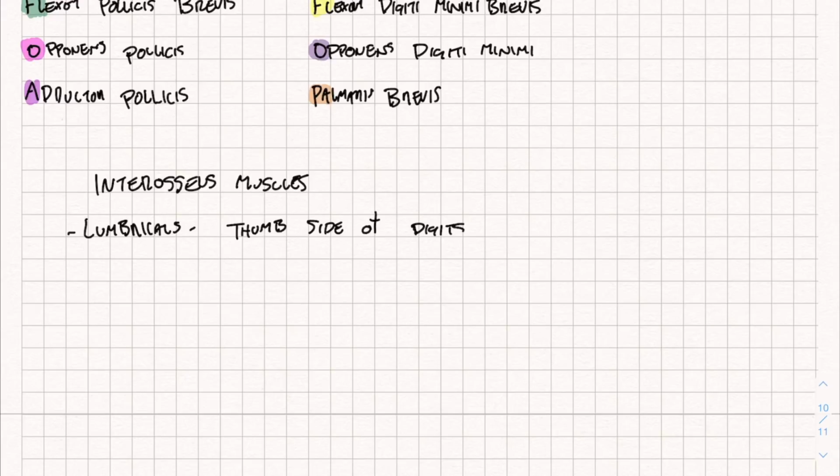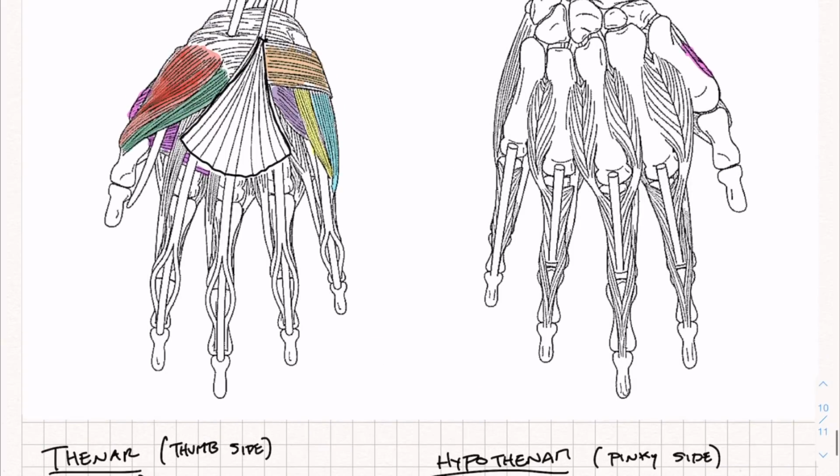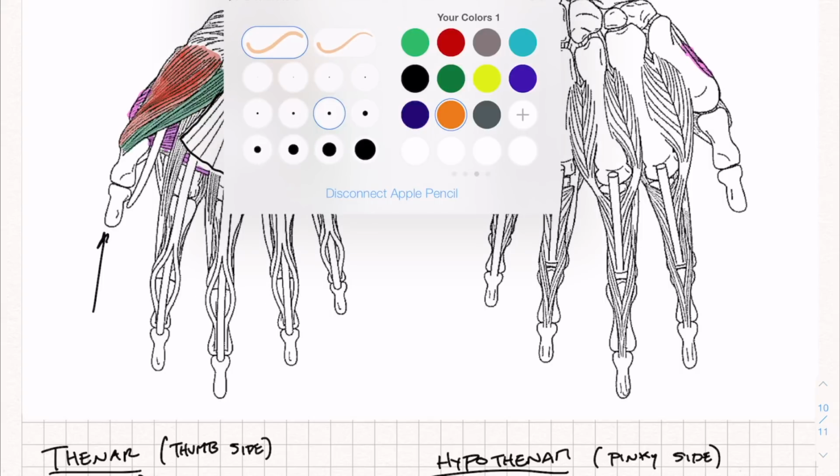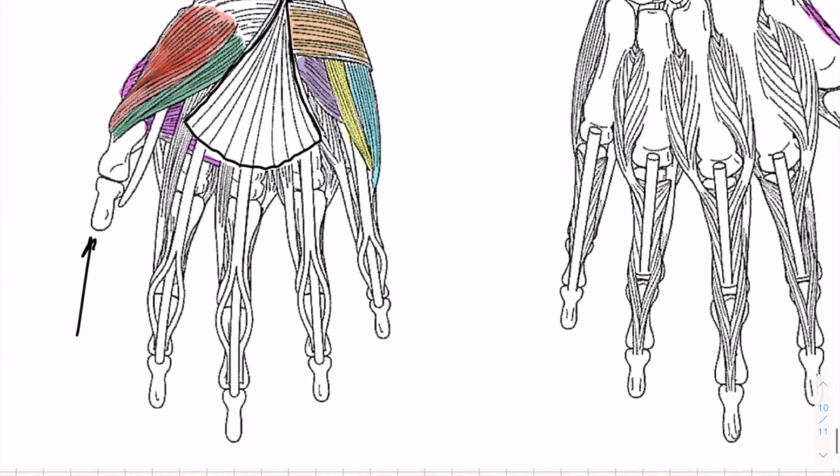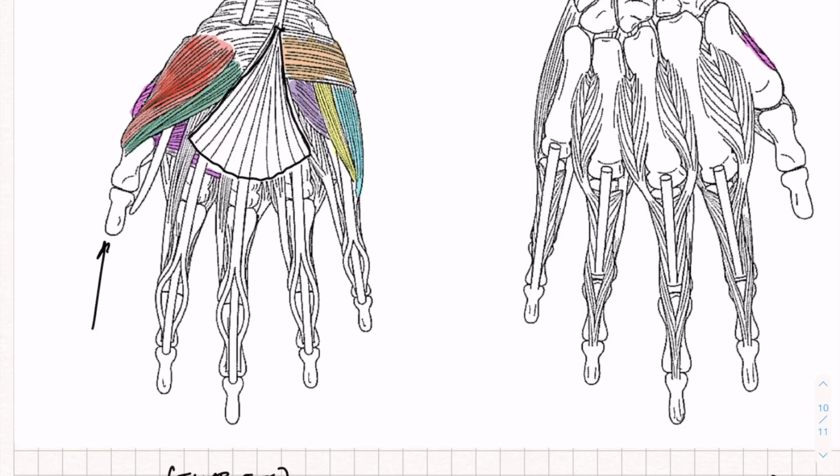Okay, they're on the thumb side of the digits, meaning if we're looking, here's the thumb, so that muscle has to be on the thumb side of these fingers here. So that's where the lumbricals will always be. So if you have to identify a finger, you're given a picture of a single finger, the lumbricals will be a good landmark to look for. So the lumbricals are always on that thumb side, and they come from in between the metacarpal bones.